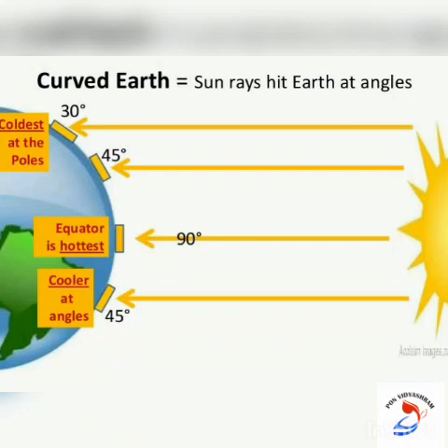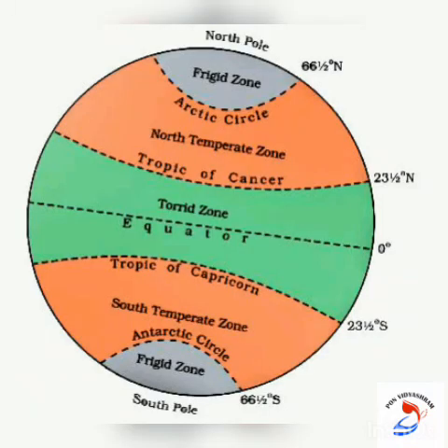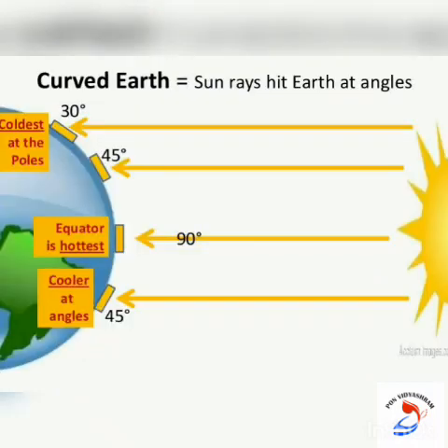The next one is the Temperate Zone. Outside the Torrid Zone, they experience slanting rays of the sun and receive less heat. These areas are called temperate zones.